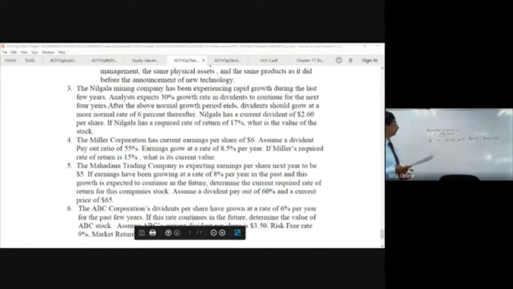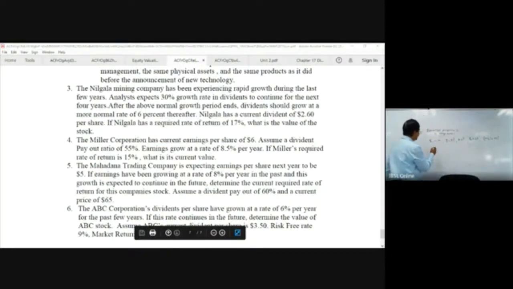Right. Now we can start the calculation by putting the equation first. So we have to apply the one stage dividend discount model. Even earnings also can be taken as it is.